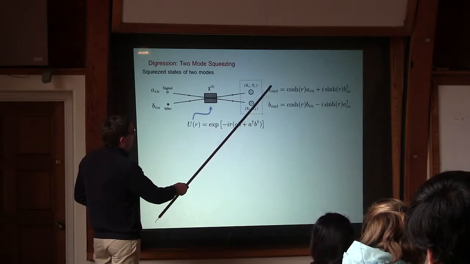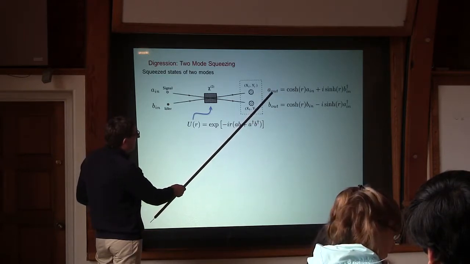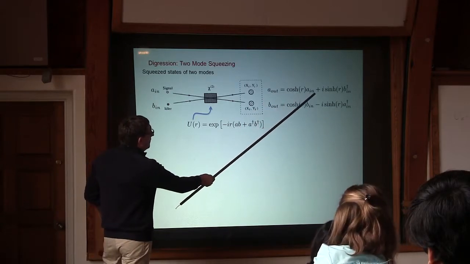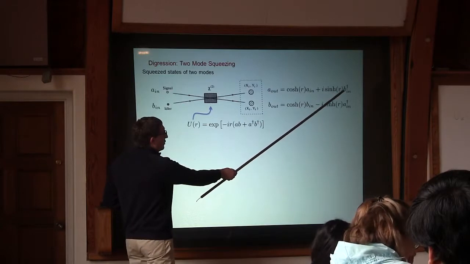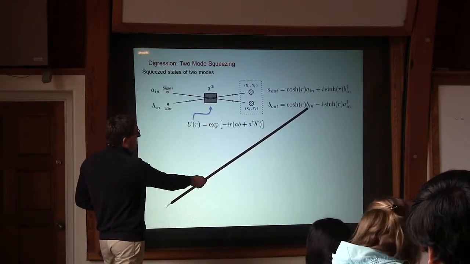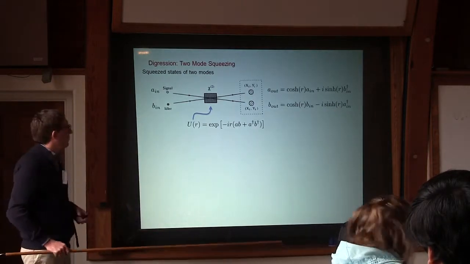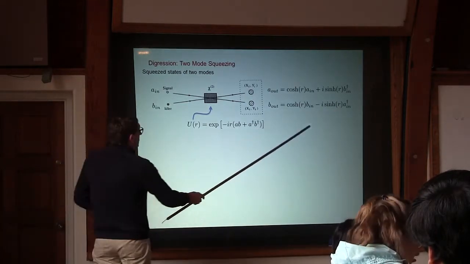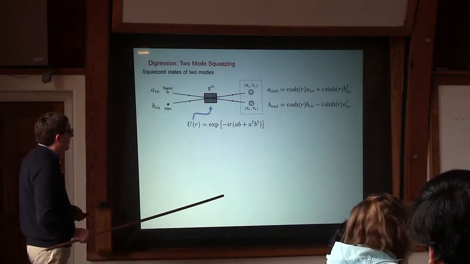And the smoking gun of such a down conversion dynamics is always that the annihilation operators are mixed with creation operators. So A out is A in plus some contribution of B dagger. And B out is a combination of B in plus A in dagger. So that is what is describing our down conversion dynamics, and keep that in mind.